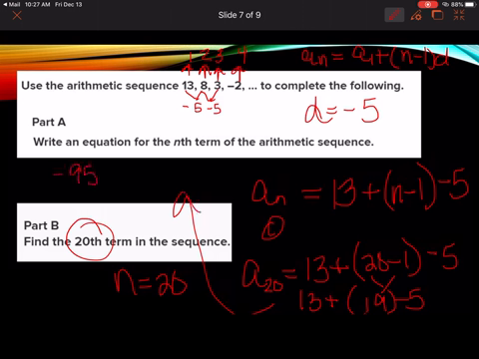And I still have the 13 plus the negative 95. So my 20th term, a sub 20, is going to equal negative 82. So I just did the math.